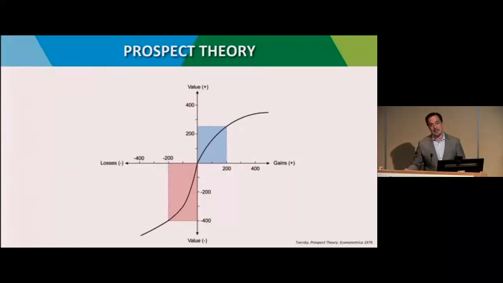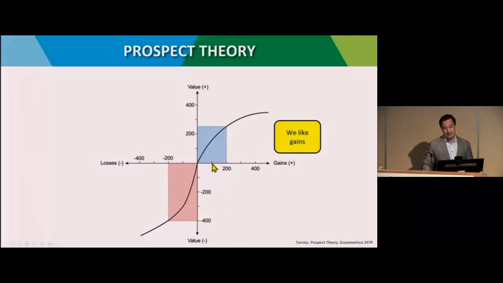And this is really demonstrated nicely in this very famous chart or graph of theirs. And what you can see here is on the y-axis, we have value going from negative to positive. And on the x-axis, we've got losses on this side and gains on this side. And so what we can see for the gains, we like gains. If you gained 200 of this relative unit, the value is 250.